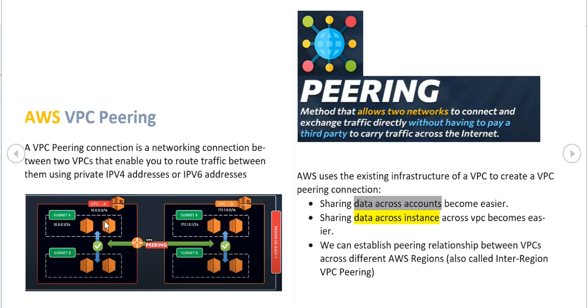And VPC peering is a very complex architecture. For every peering we have to connect multiple VPCs. We have to create multiple accounts so that we can connect, and this becomes very messy.